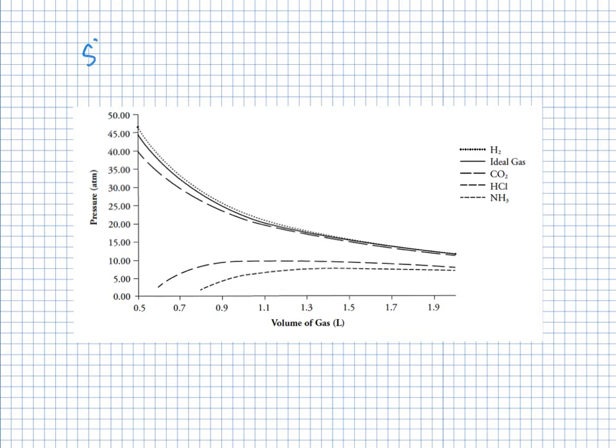Let's look at the other factor, which is stickiness. This graph can tell us about stickiness. We haven't gone over everything we need in order to talk about IMFs, but basically what we are talking about here is polarity. HCl and NH3 are polar, and H2 and NO2 are not polar. Which of these is going to be closer to my solid line?